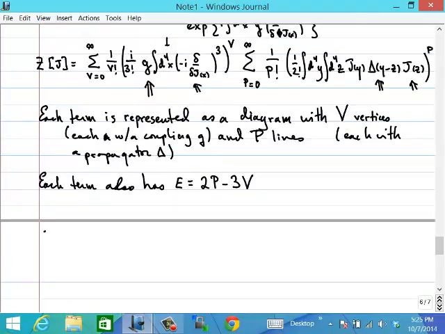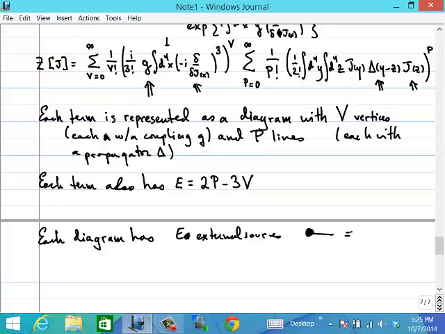So each diagram has a bunch of external sources which, as above, I'll represent by a solid dot, okay, which in equations will just be an integral with some source, j of x.